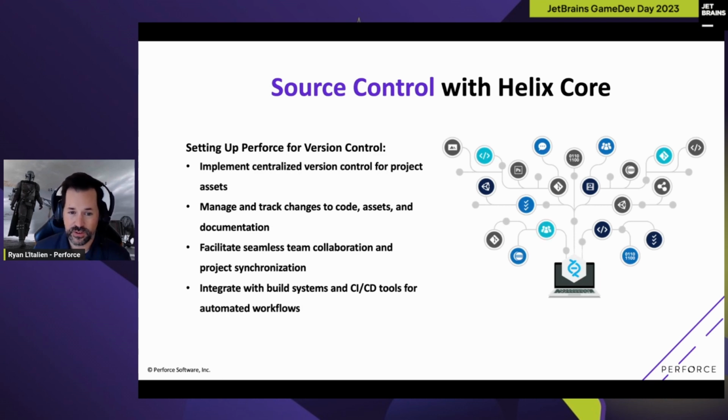Furthermore, Helix Core integrates with CI/CD pipelines and various plugins, such as those for JetBrains' game dev IDE Rider, JetBrains' build system TeamCity, Unreal Engine, Unity, and other game engines, enabling a seamless, automated, and consistent development workflow. This enables teams to manage changes, control versions, and ensure integrity and reliability of the end product.